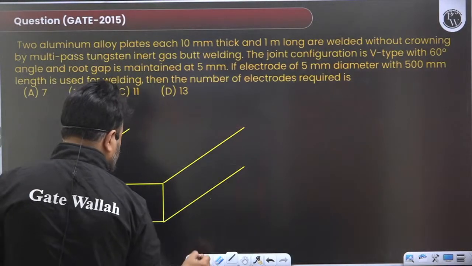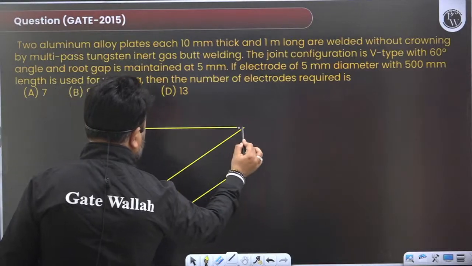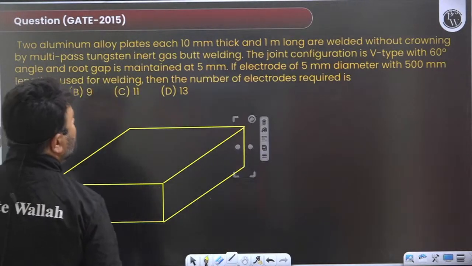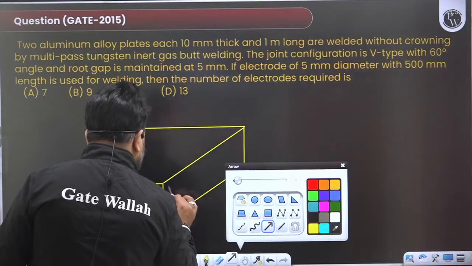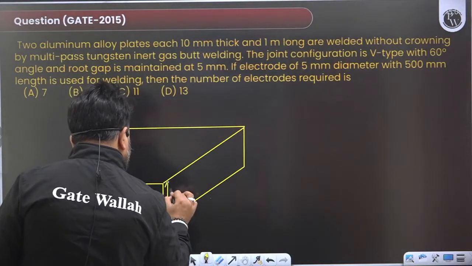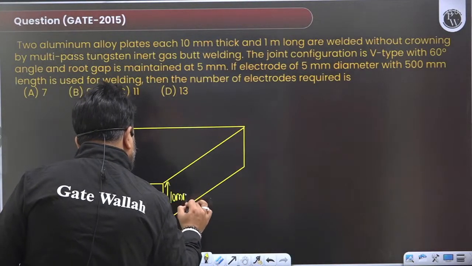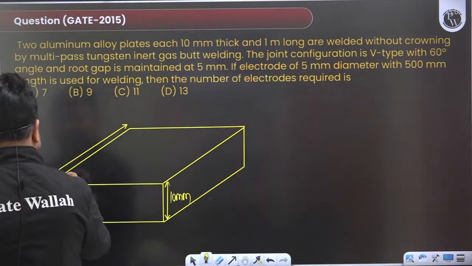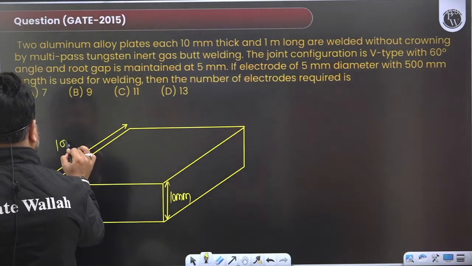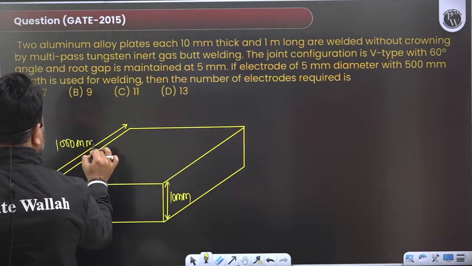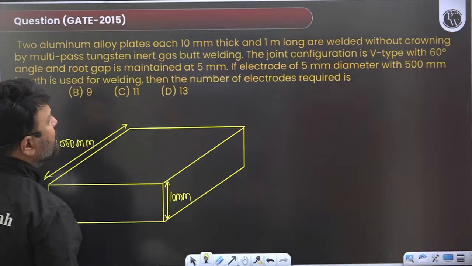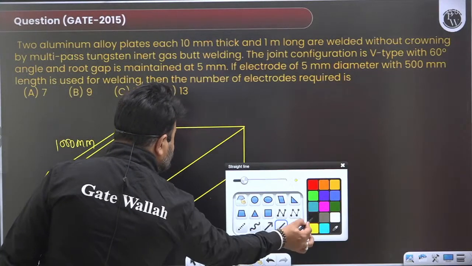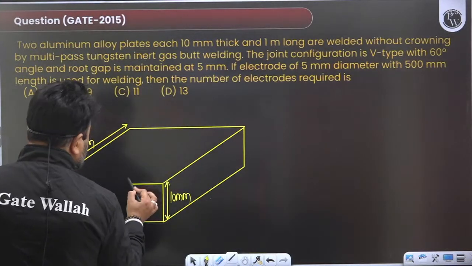Next, see, two aluminum plates of 10 mm thick, the thickness is given, and 1 meter long. 1 meter means 1000 mm long, no crowning, and the weld pool is filled by multi-pass.